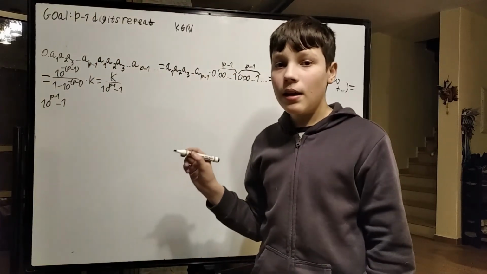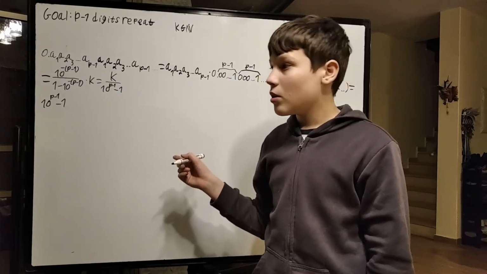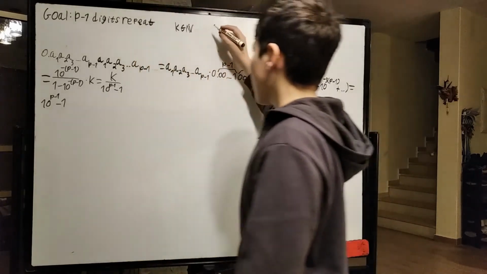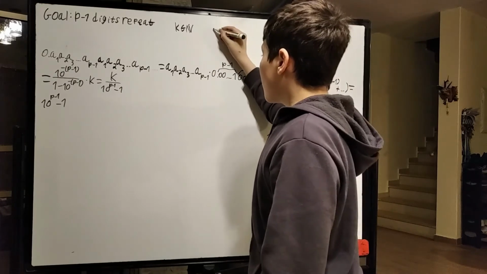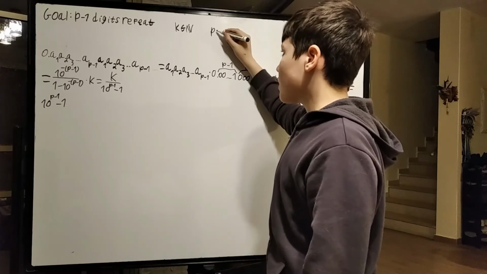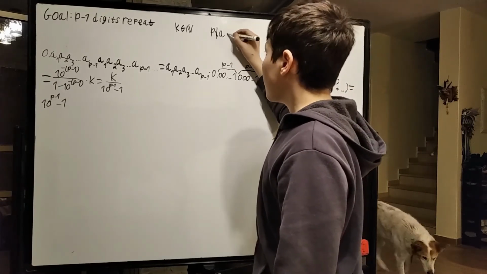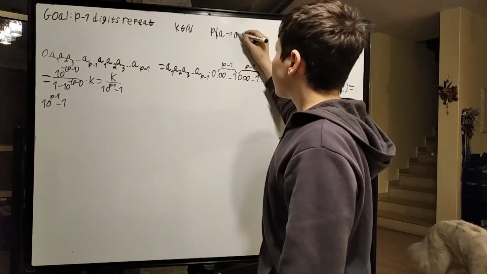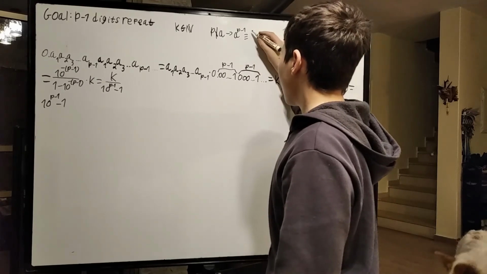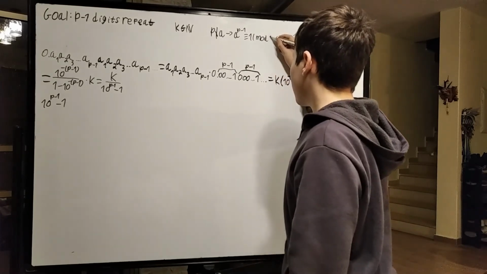To me personally, it reminds me of Fermat's little theorem, which states that, let me write it up here, for every prime number p and a being a natural number, where p does not divide into a, we have that a to the p minus 1 is congruent to 1 mod p.